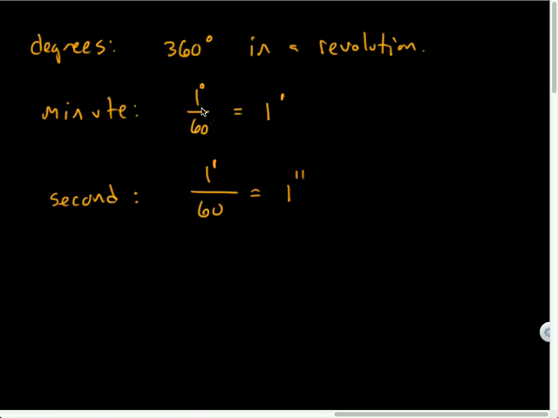And if you divide a minute into 60 parts, you get 1 second. And what's even worse is that we denote minutes with the foot notation, and we denote seconds with the inches notation. What were they thinking?